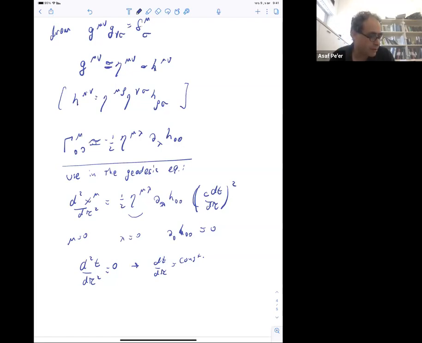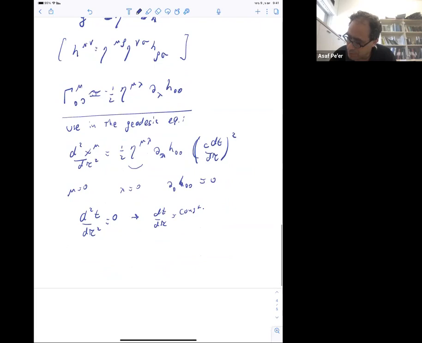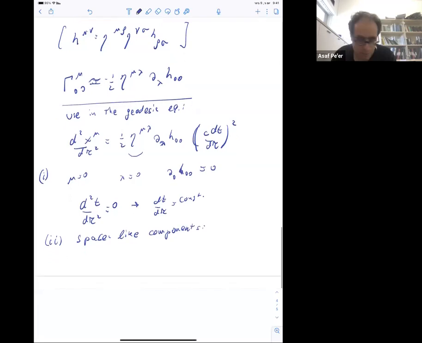So that's what it gives us. What about the spatial coordinates? For the space-like coordinates, eta ij is just the diagonal matrix, the 3 by 3 identity matrix. So this is the temporal component, and now the space-like component.